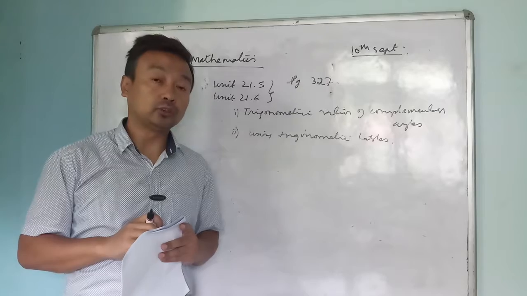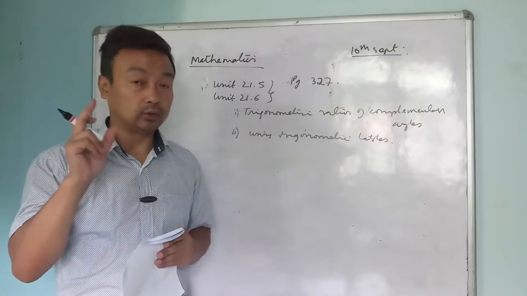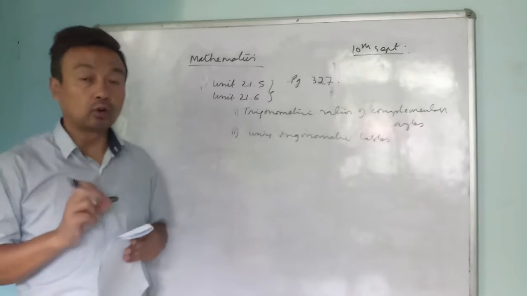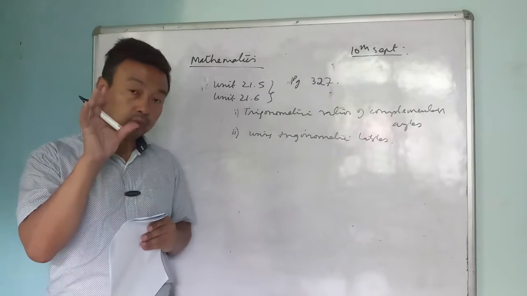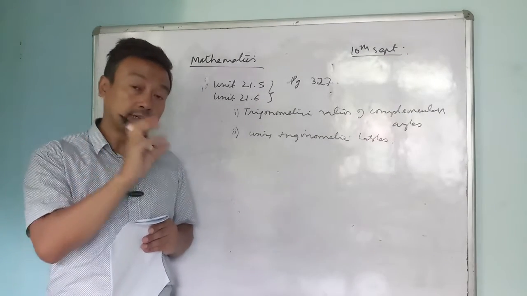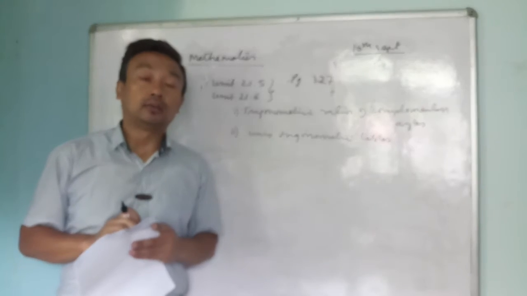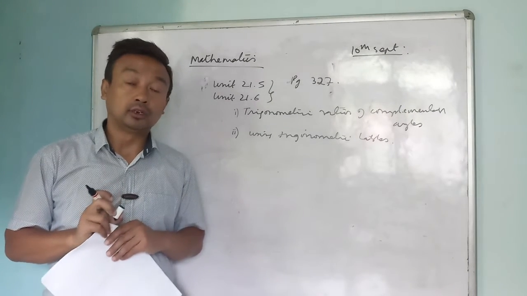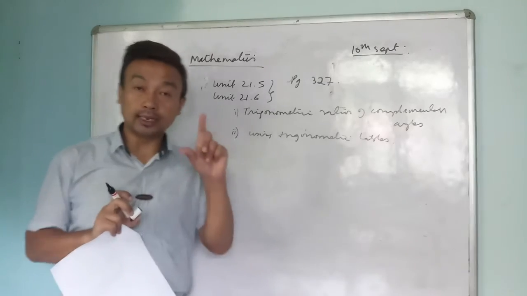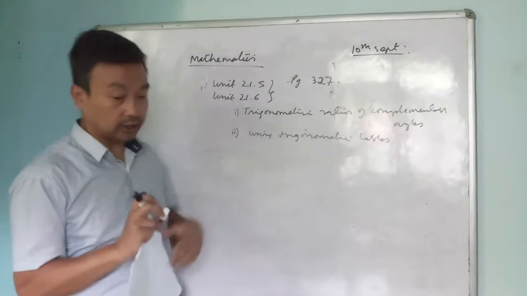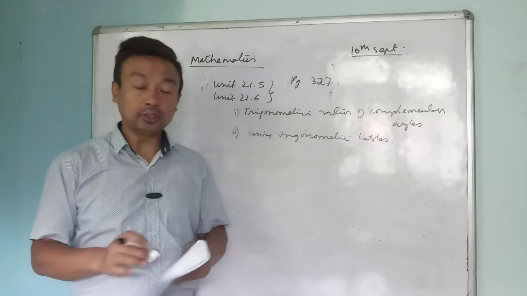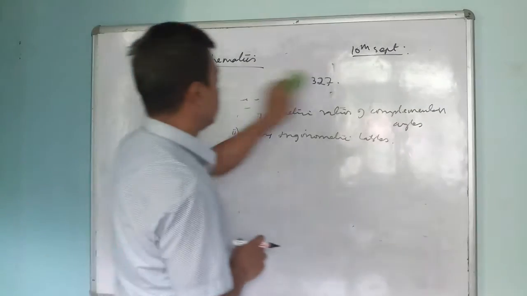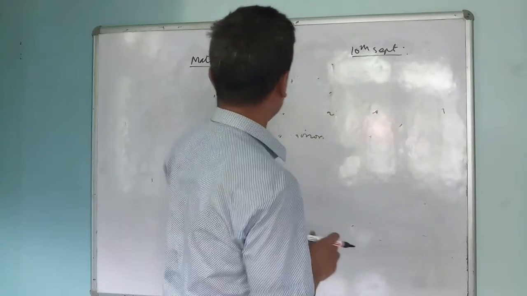Then sec square theta minus tan square theta equals 1, and cosec square theta minus cot square theta equals 1. Using those identities and some other algebraic formulas, we have already proved some ICSE questions as well. So that is one section, and the second section will be heights and distances. These two are excluded for the time being, so no need to do these exercises.